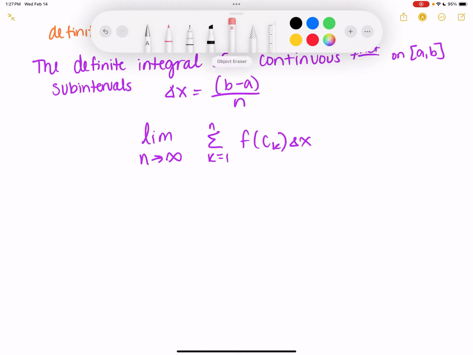You don't need to necessarily draw it that large, but I'm drawing it. It looks like a giant S. It's from a to b, f of x, dx.